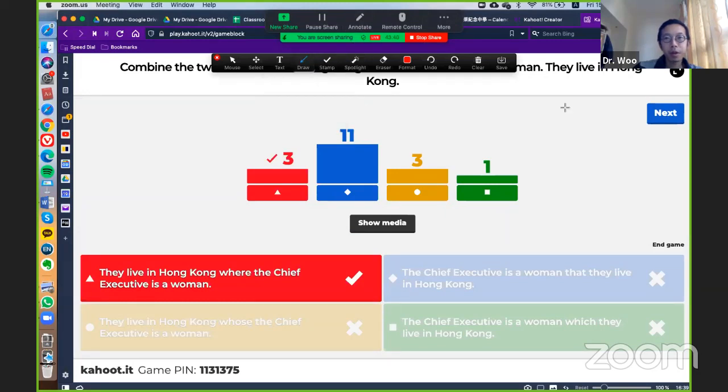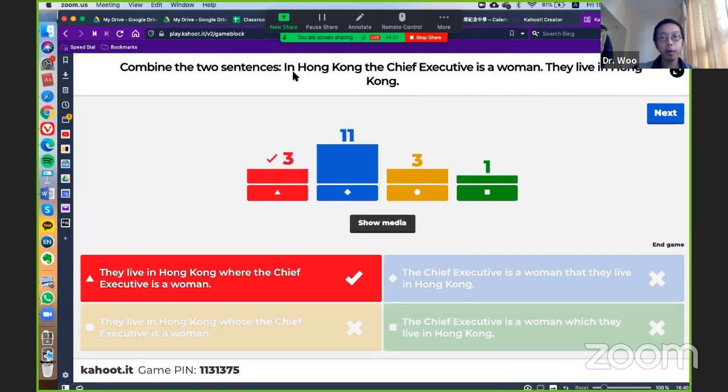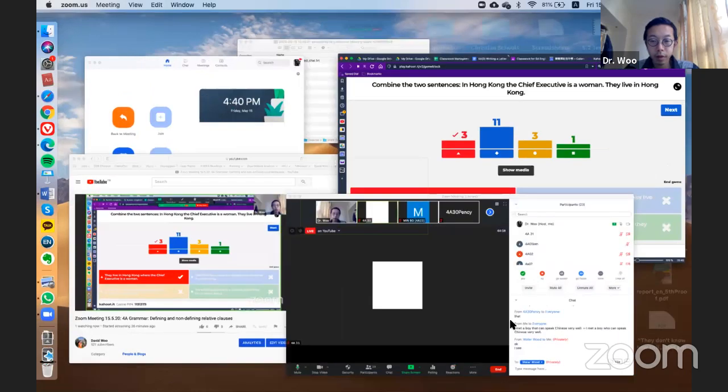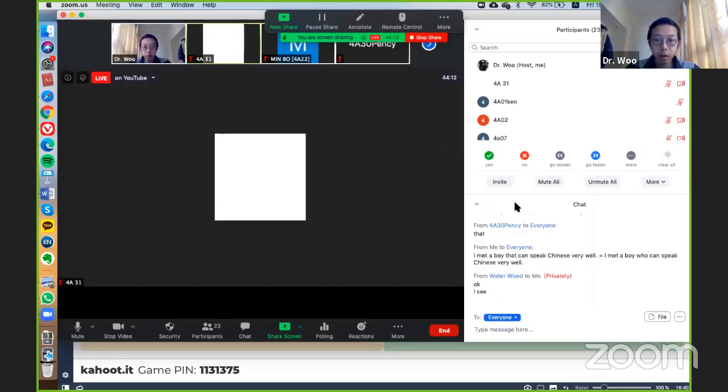First things first. We saw the common phrase was in Hong Kong. Now, what is a relative pronoun for Hong Kong? A place. Well, one relative pronoun is where. Where equals relative pronoun for a place.